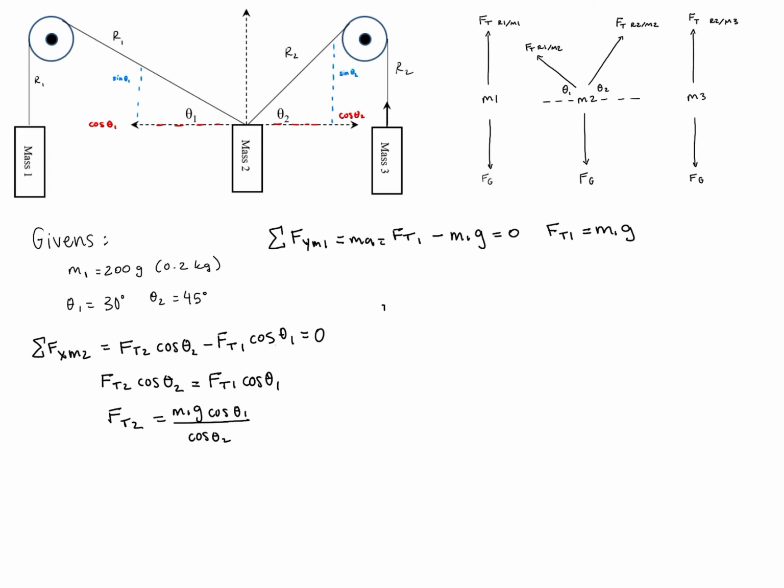So the sum of the forces in the y direction for mass 2 is going to be equal to force tension 1 sine theta 1 plus force tension 2 sine theta 2 minus m2g equals 0. I forgot to label this, this is sine theta 1.